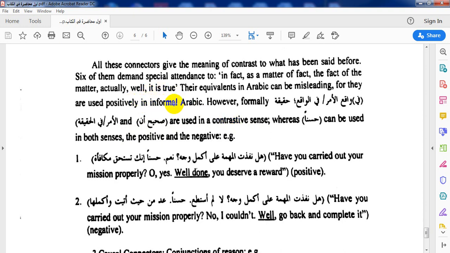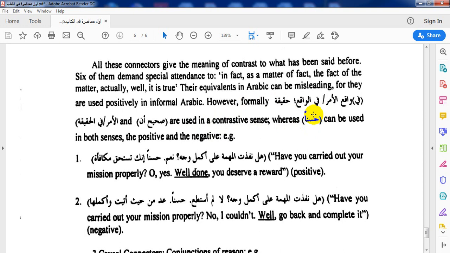So in informal Arabic, those connectors are used positively, while formally they are used in a contrastive sense, which means they give a contradicting idea.